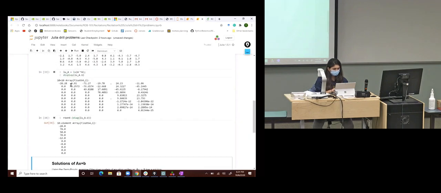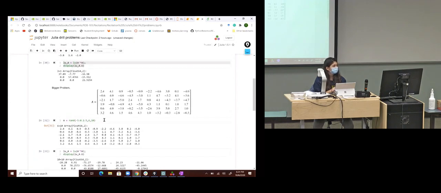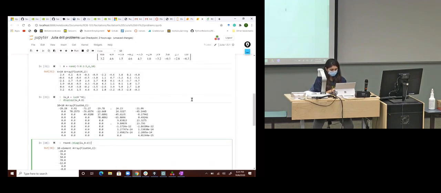I get the diagonal elements rounded off to the first decimal place, and I get minus 28 and a couple of zeros down here. And that tells me that the columns of A are not linearly independent. And it's just as easy as that, just looking at the different diagonal elements in U.